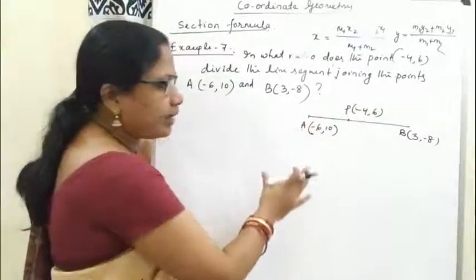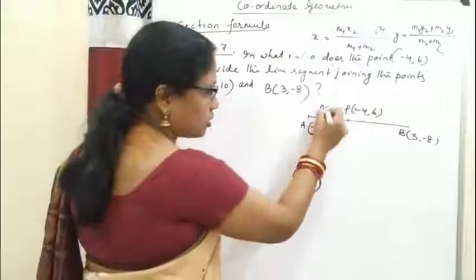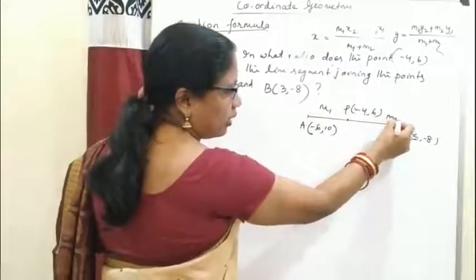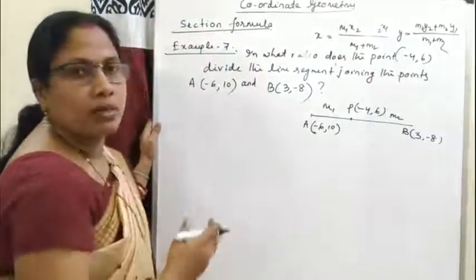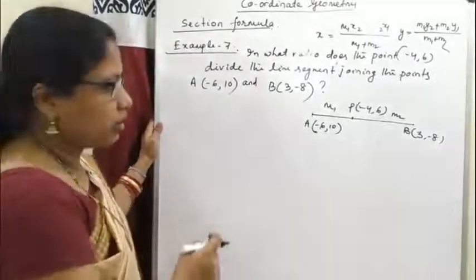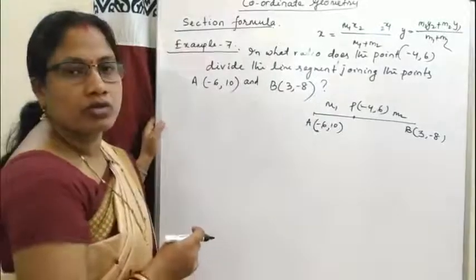So let P divide AB in the ratio m1 to m2. We have to find m1 is to m2.